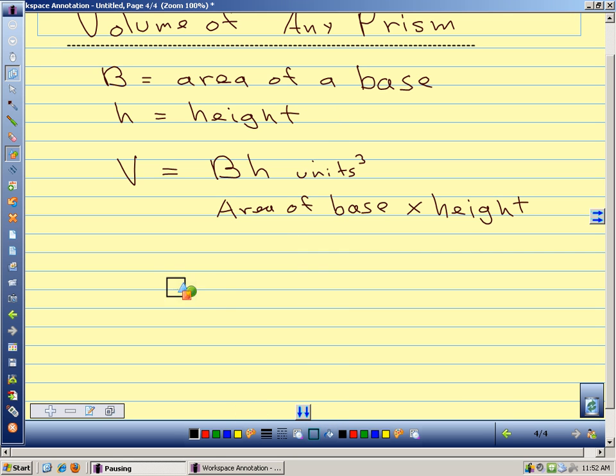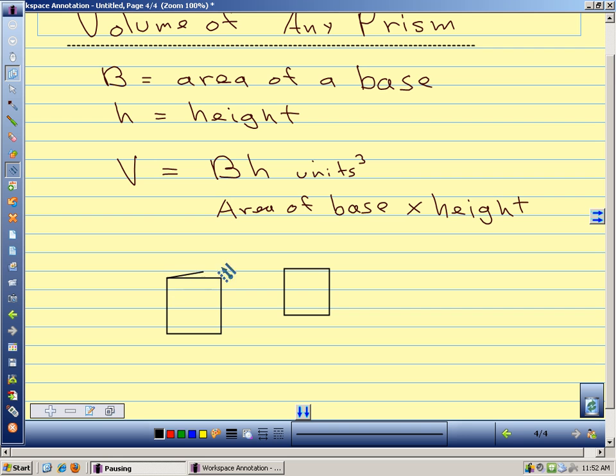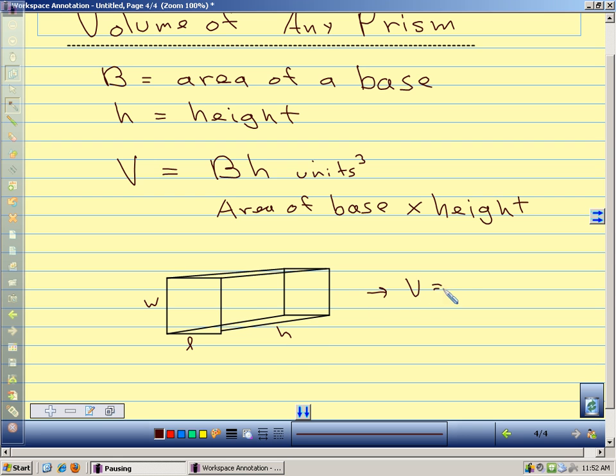So we had something like this, like we did for our opener. So there's our prism, and we said that the volume of this shape was L times W times H.